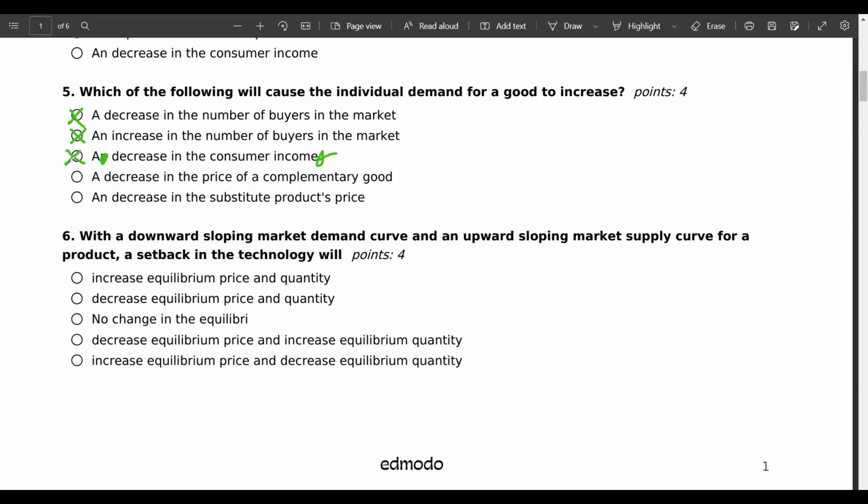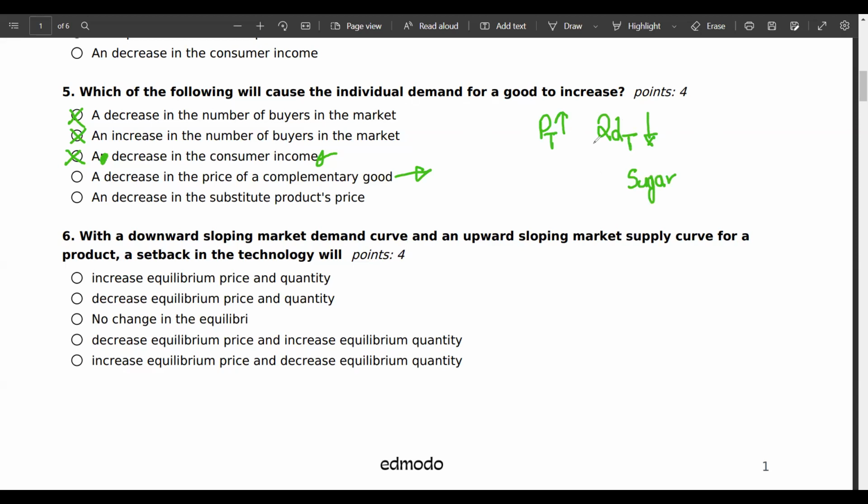A decrease in the price of a complementary good. So let's say you like to drink tea. The price of tea is going up. That means quantity demanded for tea, what will happen? It will drop. Now we'll take a complementary product for tea, which is sugar.